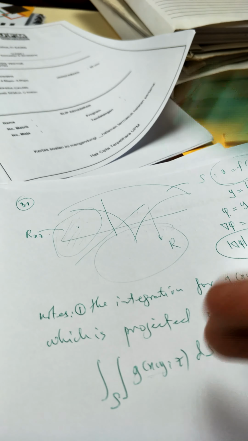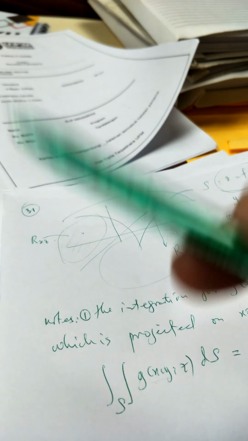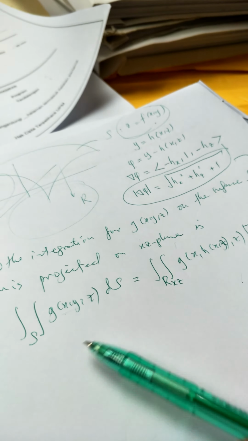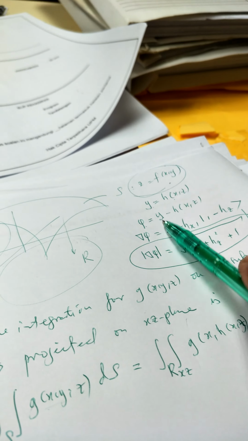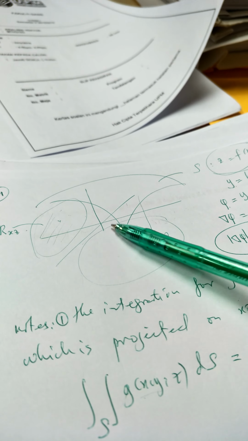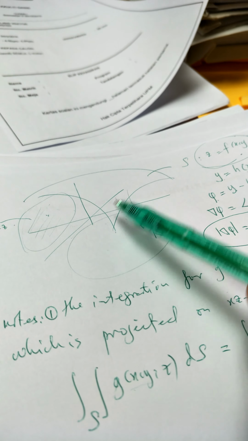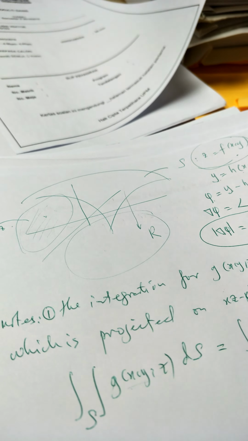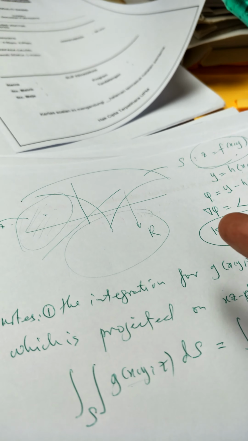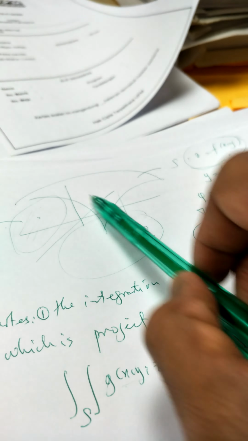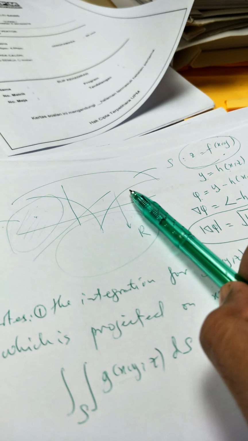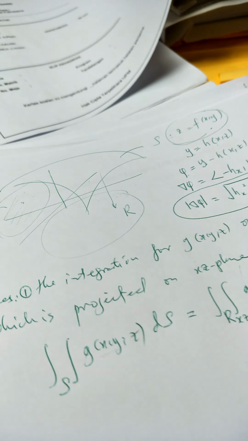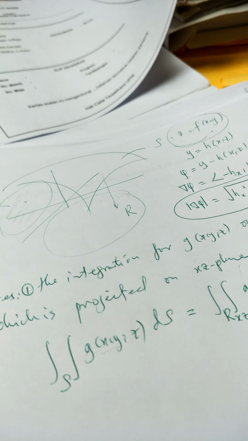The process is similar, just change the function, the surface here. And the third case is that we project the surface on the yz plane. For the yz plane we don't have x, so you need to substitute x in that case.